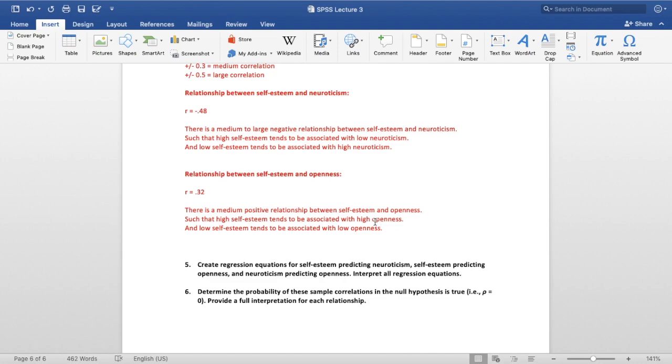And in my notes, I'm saying openness scores, self-esteem scores, neuroticism scores, but you could leave that out.